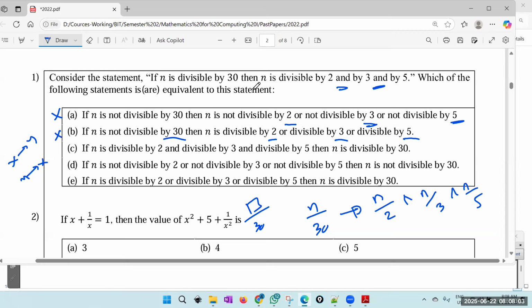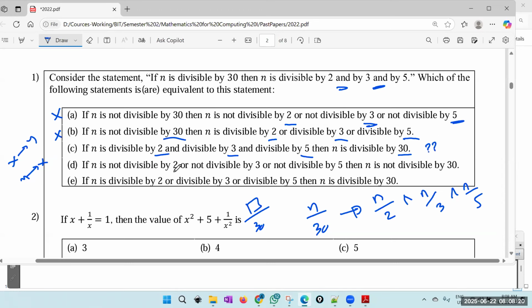Just because it is divisible by 2, 3, and 5, can we say it's divisible by 30? That is a bit debatable for me.